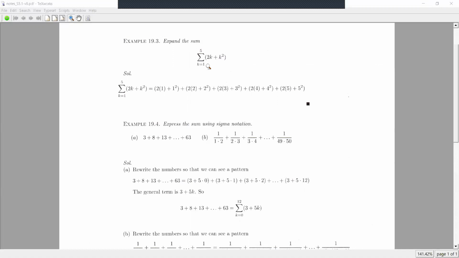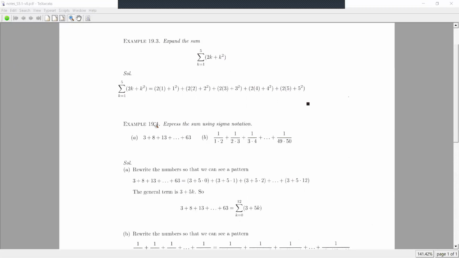When k is 1, plug in 1 for k, then we get the first term. When k is 2, plug in 2 for k, then we get the second term. k is 3, the third term. k is 4, the fourth term. k is 5, the fifth term. So this sigma notation is this sum.